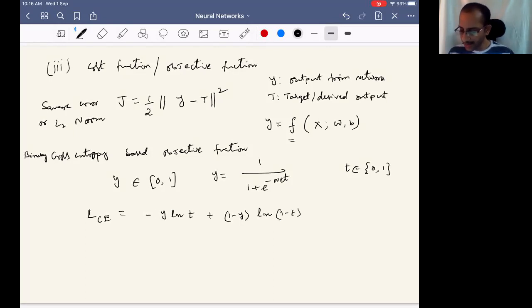So Y into, here usually there is a summation. Previously, if a random variable has a probability mass function with two different possibilities, then the summation over i from 1 to 2 of Pi ln Qi, this is how we define it.